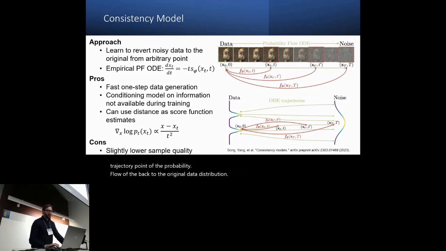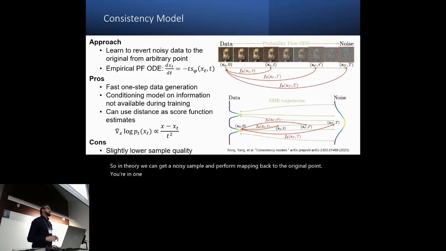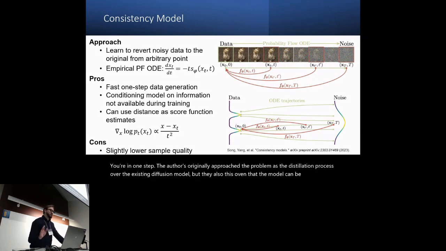So in theory, we can get the noisy sample and perform mapping back to the original point in one step. The authors originally approached the problem as the distillation process over the existing diffusion model, but they also discovered that the model can be trained completely on a standalone basis.